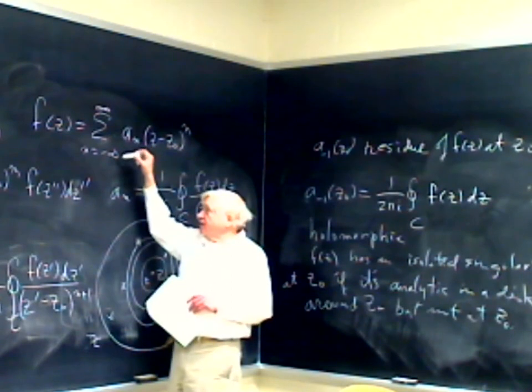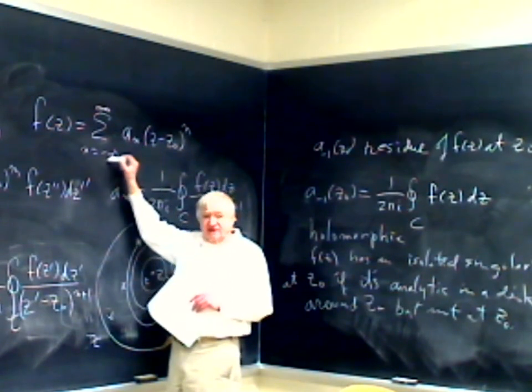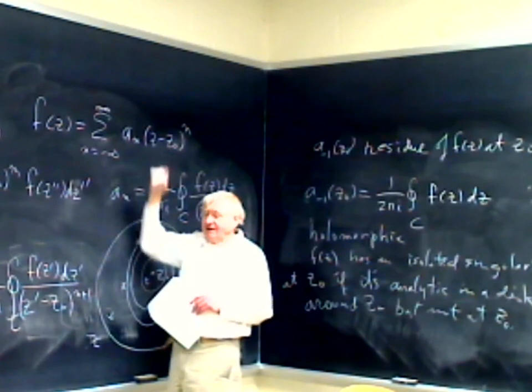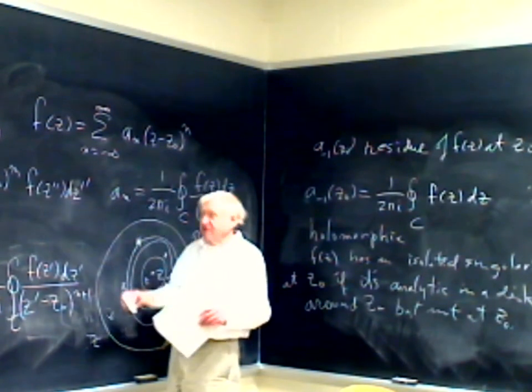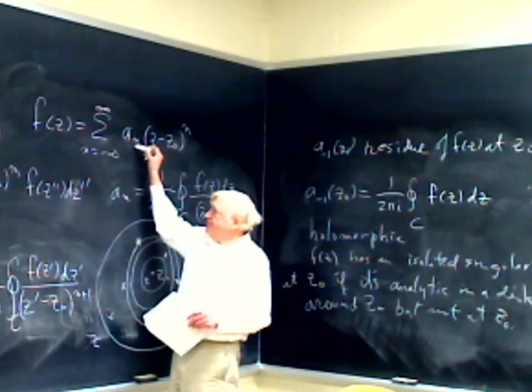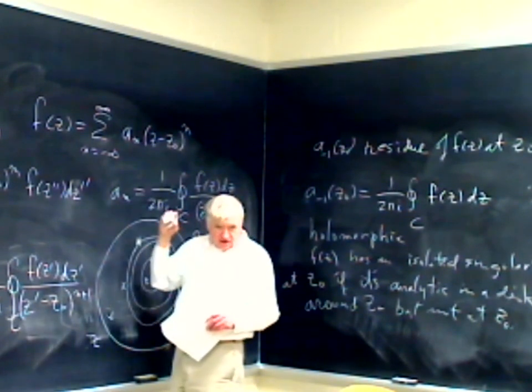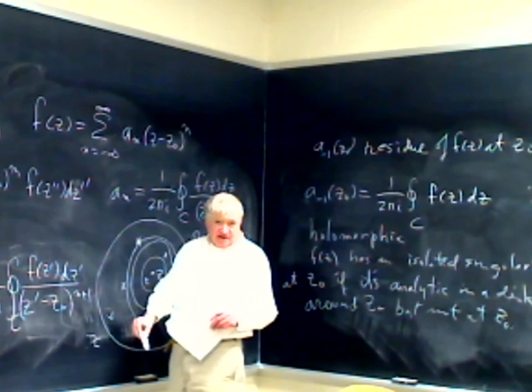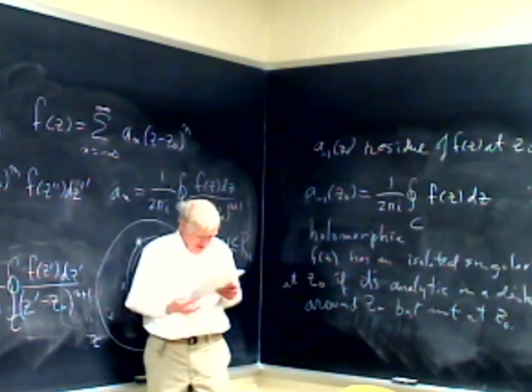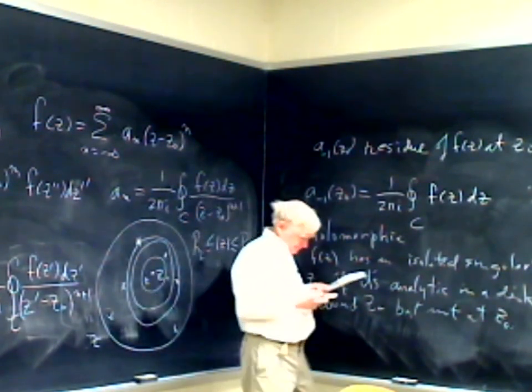In particular, you need an infinite set of negative terms, where n is arbitrarily large and negative. That's called an essential singularity.